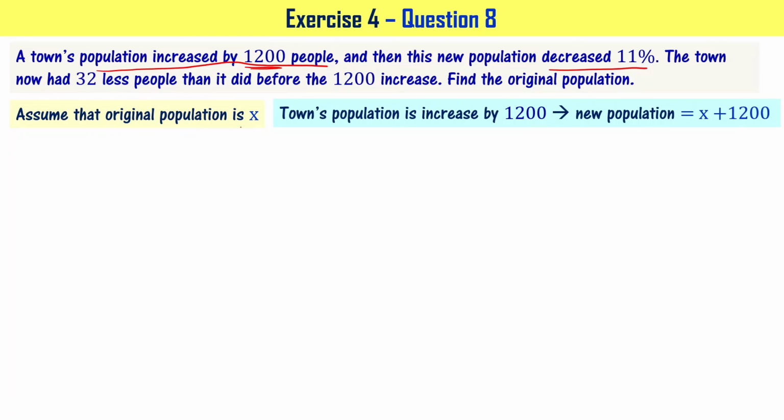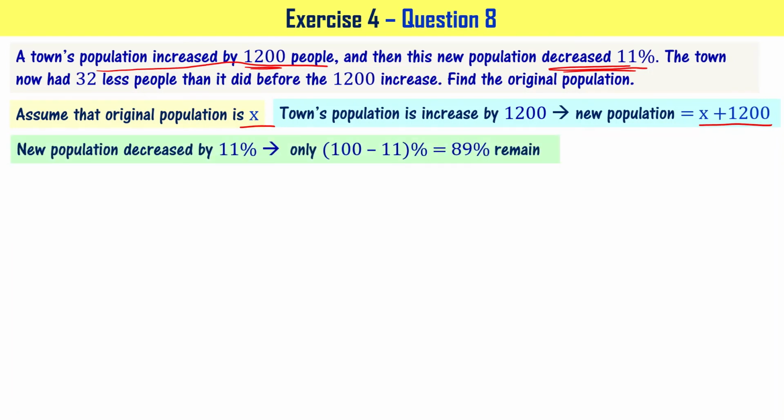So the original population is x. Now the new population is x plus 1200. Then this new population decreased 11%. When you say that the new population decreased by 11%, it means that after the decrease in population, it is going to have only 89% of the new population remaining, right?